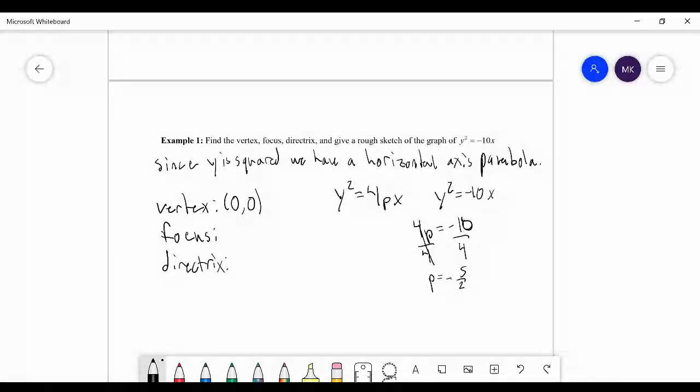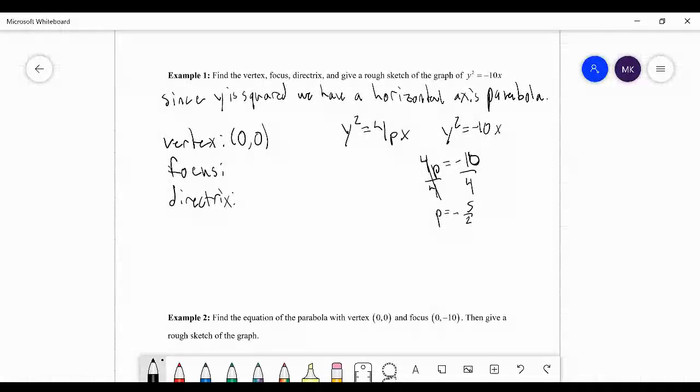So if we come back down to our example, our focus is going to simply be at the point negative 5 halves, comma 0, and our directrix is the line x equals negative p. So negative 5 halves is just positive 5 halves. All right. So we know our focus, we know our directrix.